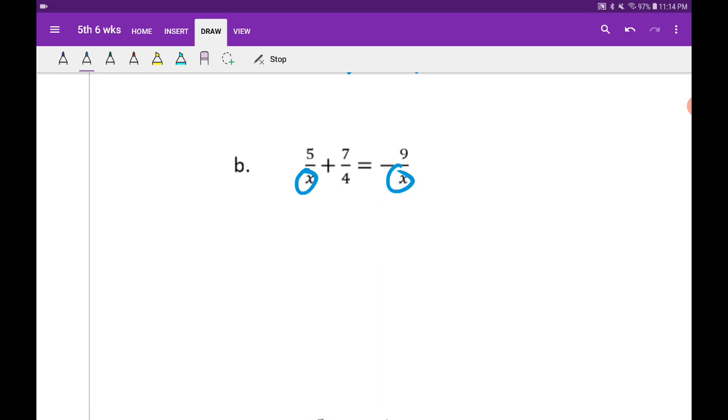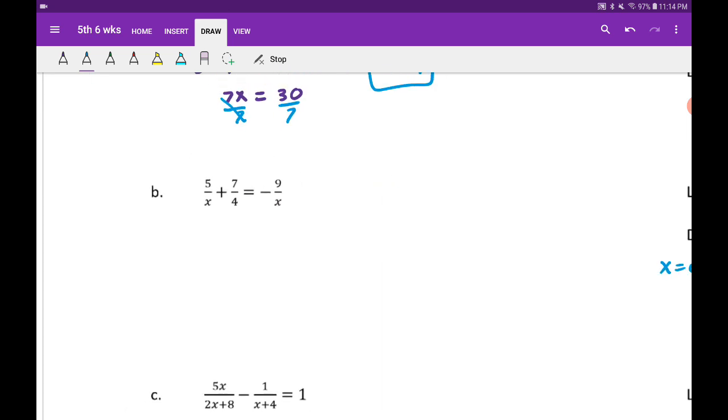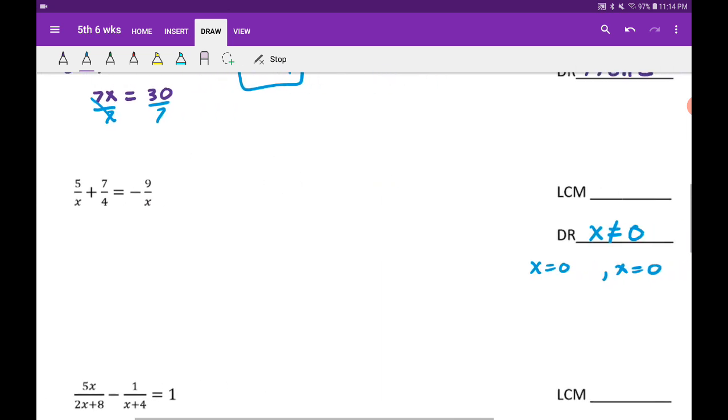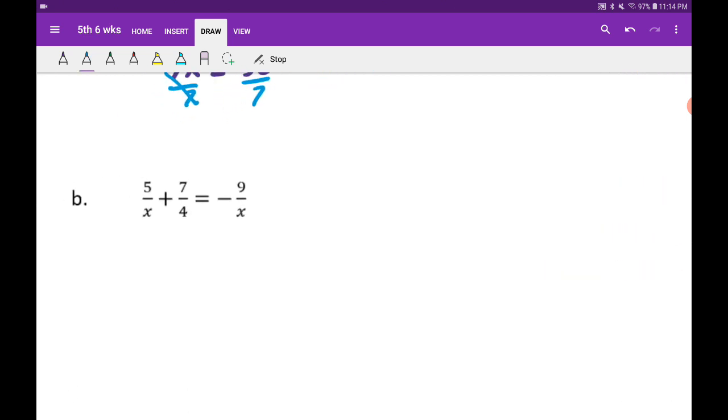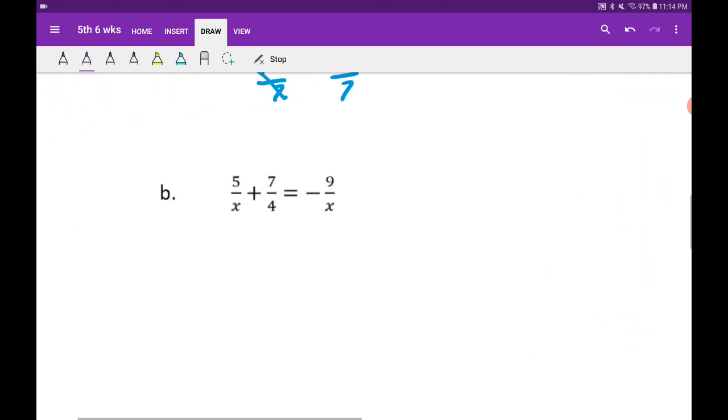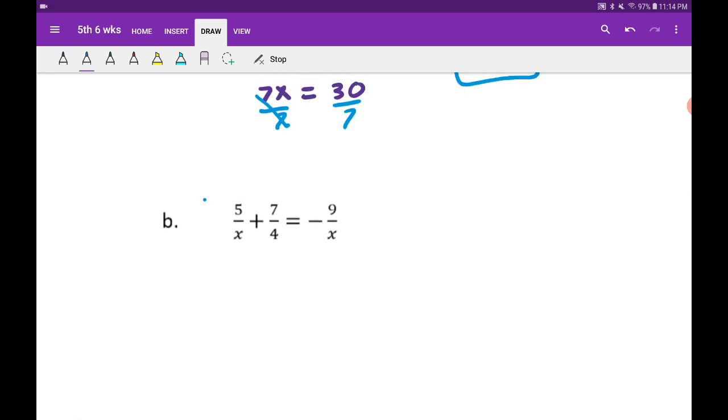Now, into solving it, we need to find the LCM. We have x's and we have a 4, so the LCM here is going to be 4x. Then we simply multiply the entire equation by that 4x: 4x times 5, 4x times 7, and 4x times negative 9.